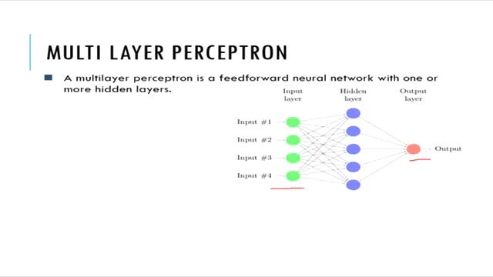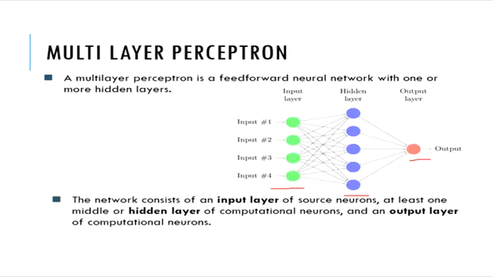The difference is the addition of the hidden layer over here, or multiple perceptrons over here that take input from each of these and do their own individual solution finding, and these solutions are then combined to form a final output solution. So the network consists of an input layer, middle or hidden layers, which can be one or multiple layers, and an output layer of computation neurons.